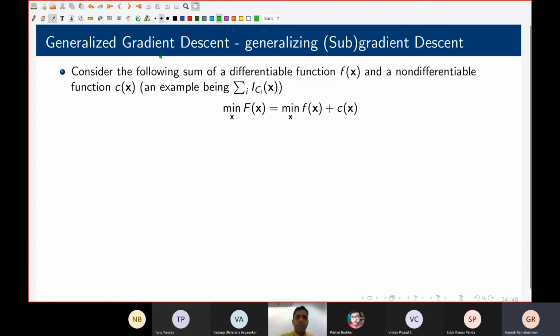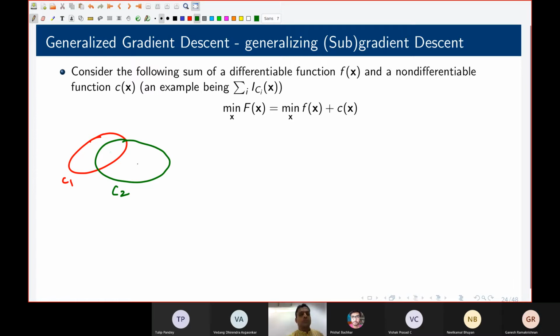I'm now going to make it a little bit more interactive like before. So let's say I have a sum of a differentiable function f(x) and a non-differentiable function c(x). An example I've said is this: summation over i of c_i(x). So let's say I had a constraint C1, another constraint C2.